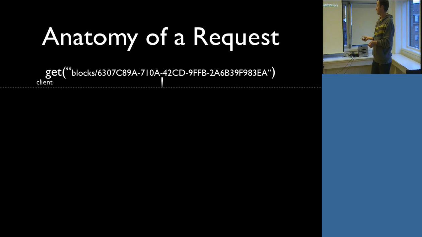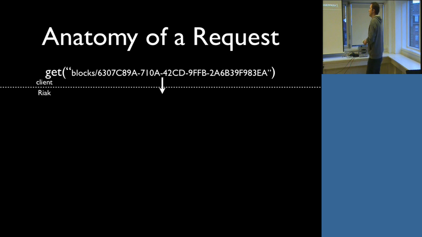Very quickly, this is how a request plays out in Riak, and this exposes some cool things about the Dynamo concept, how we've implemented it in Riak, and some cool things about the Erlang VM as well. So Riak has clients. You can talk to Riak over HTTP. You can talk to Riak over a protocol buffers interface.